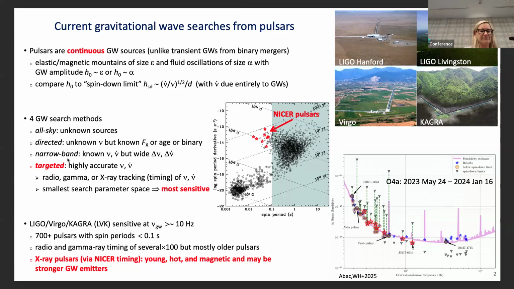The shaded curve is the estimated average sensitivity of the current gravitational wave data run, O4a, 8 months of it. It starts at roughly 10 to 20 hertz, and you can see it's most sensitive roughly around 100 hertz, from tens, 80, 90 hertz to several hundred hertz.